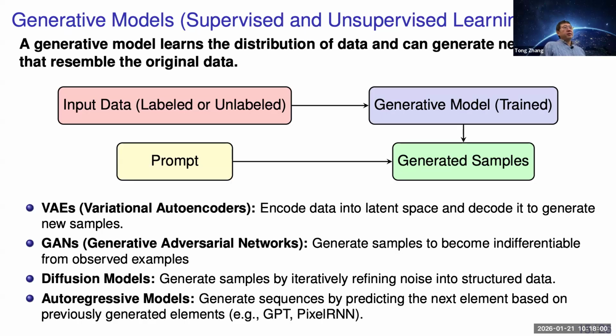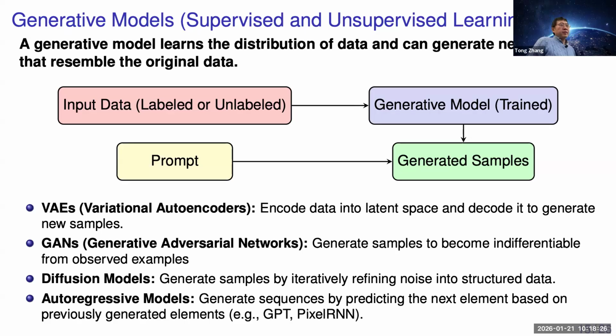A prompt means you are being more specific. It is like an input or a label, and given this label you again generate an image, but instead of a generic image you say, generate a cat image. So the prompt is cat, and then you have a generative model.